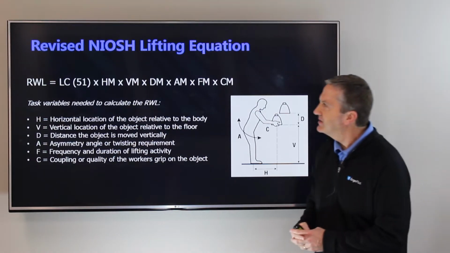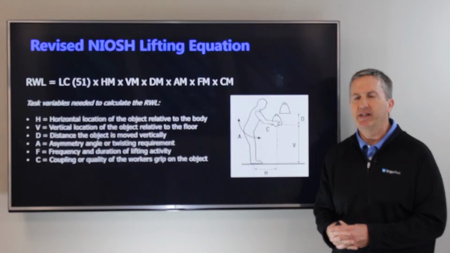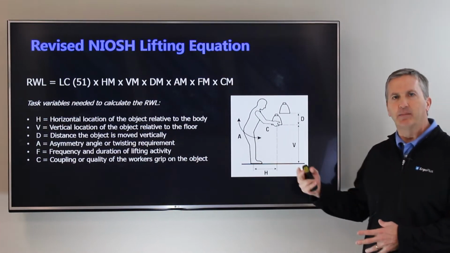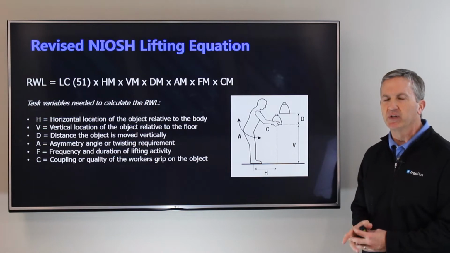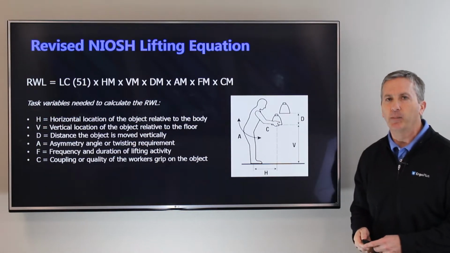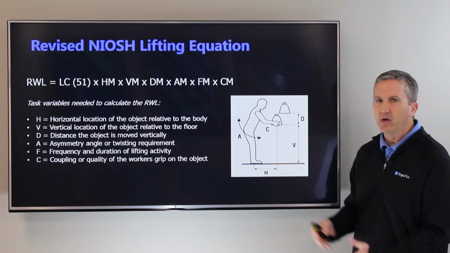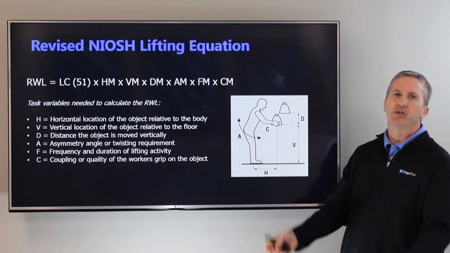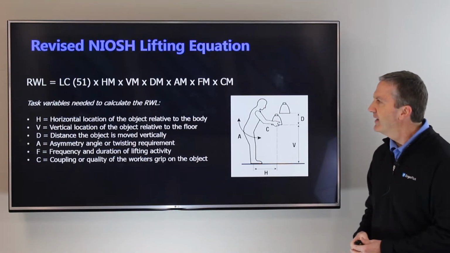The load constant for the NIOSH lifting equation is 51 pounds, and then there are 6 multipliers that are used to reduce from that load constant of 51 pounds, again based on the risk associated with horizontal reach, vertical location of the load, and that kind of thing.